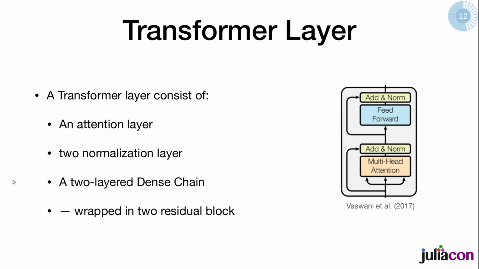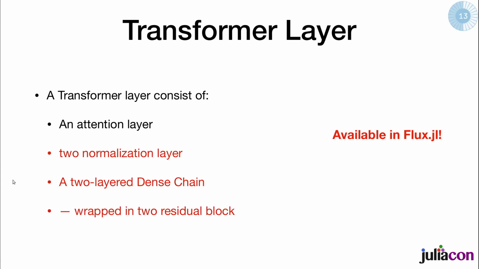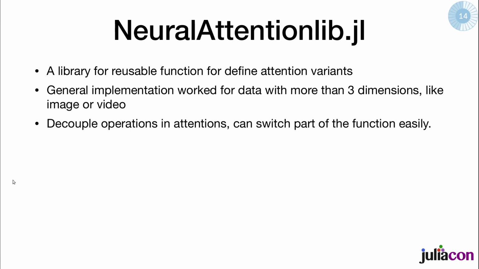After the tokenizers, let's talk about the transformer layer. A transformer layer consists of an attention layer, 2 normalization layers, a 2-layer dense chain, wrapped in 2 residual blocks. Most parts are already available in Flux, so the only thing we need to implement is the attention layer. Therefore, I separated the implementation into another package named NeuralAttentionlib.jl.